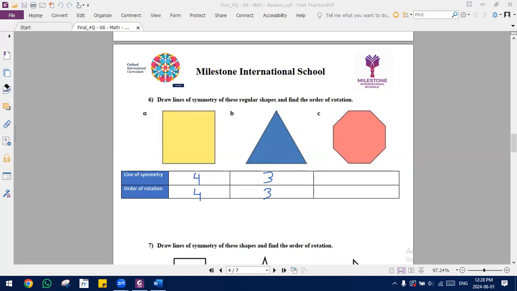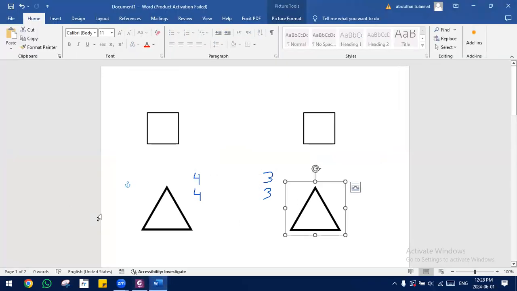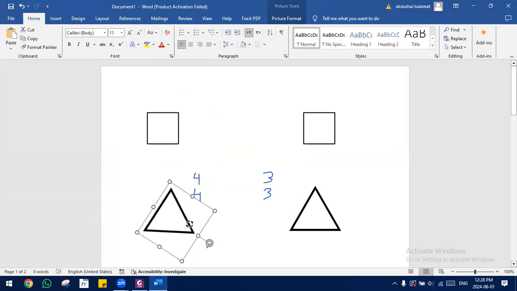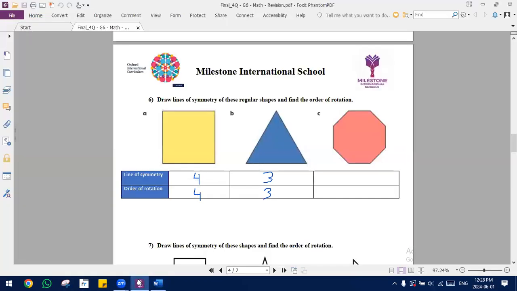Now let's check how I can do the order of rotation. So this is an equilateral triangle. Here is the one that we will rotate. 1, 2, and then when it goes back to itself, it's 3. So order of rotation is 3.